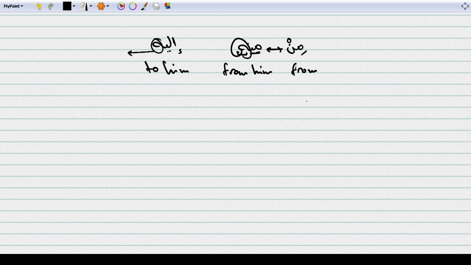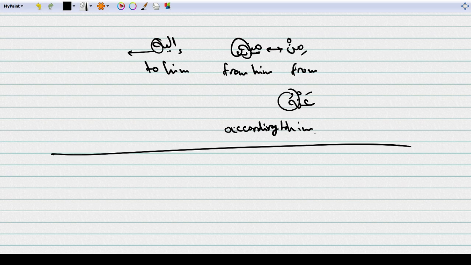Also, there's one meaning for an that I forgot. If you say anhu, I actually said it already. Anhu, according to him. Here I attached the pronoun for he, so according to him. I just wanted to show that you can attach pronouns to these words. منذ and حتى, you cannot attach anything to them.